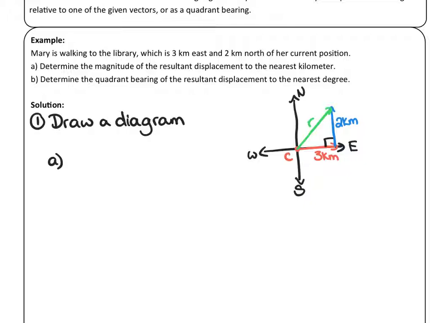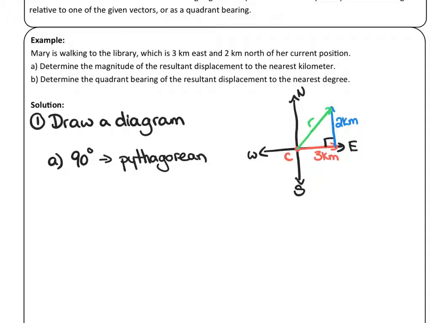So for A, we're going to determine the magnitude of the resultant displacement. What's nice about this one is because we have a 90 degree angle, we can use Pythagorean. If you don't have a 90, you're going to have to use your cosine law or sine law to find that third side.